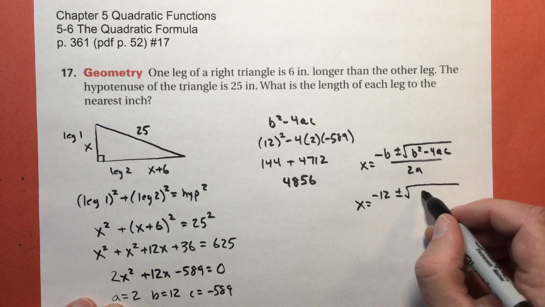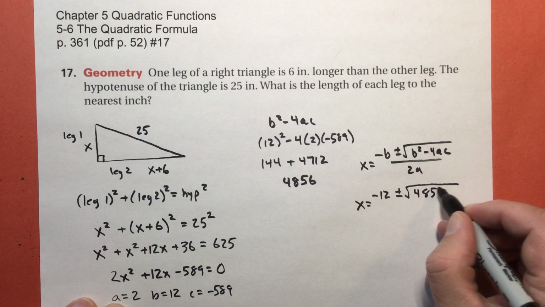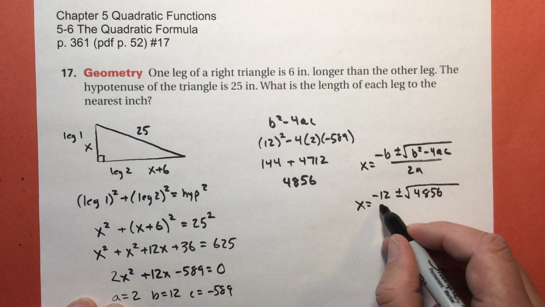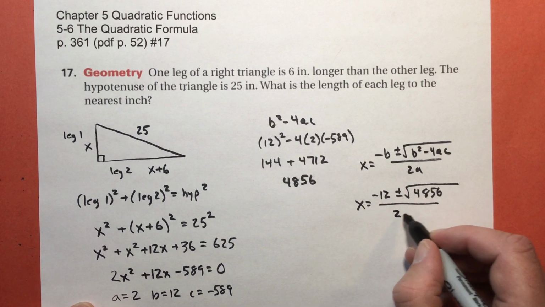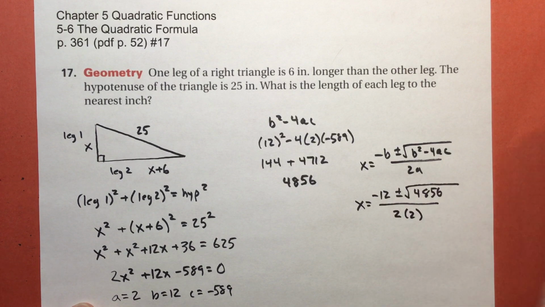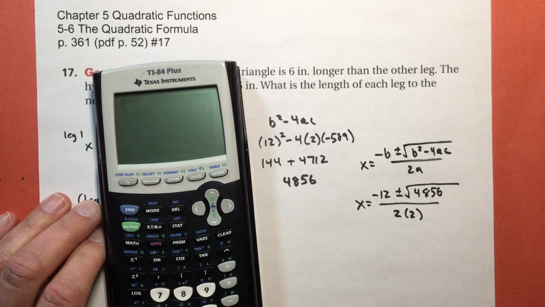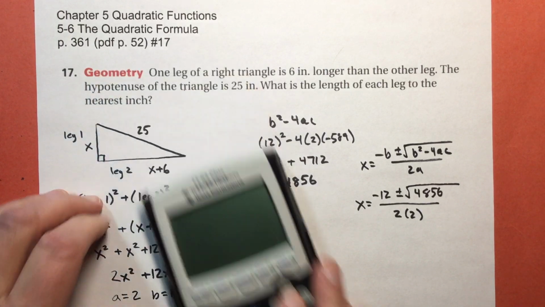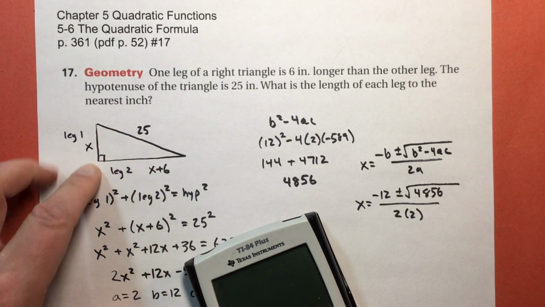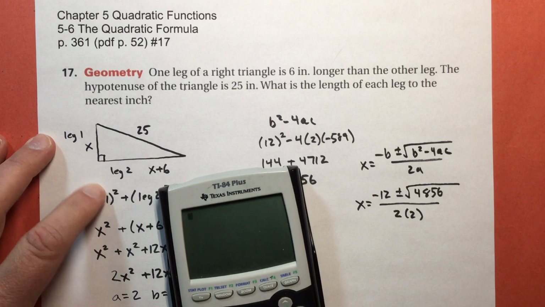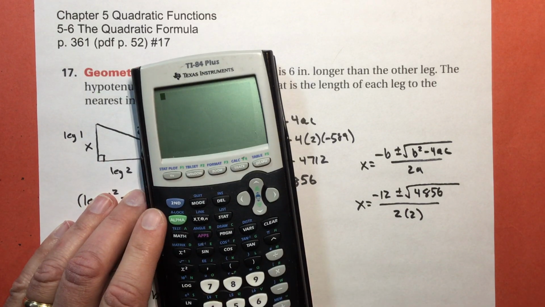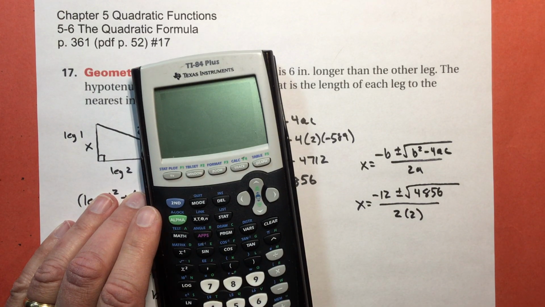My b squared minus 4ac is 4,856, and my a is 2. All right. Let's do some calculator work. By the way, notice that it says to the nearest inch, which tells me that I'm going to have to round my answer off, which makes sense.